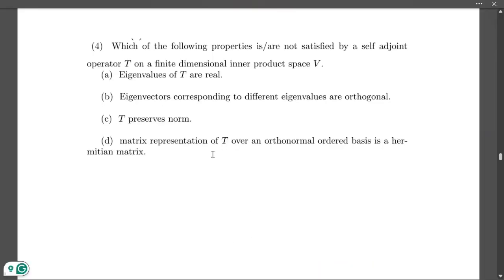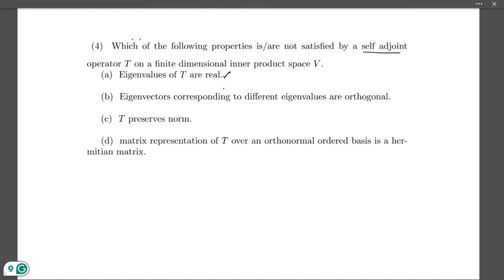Which of the following properties is not satisfied by a self-adjoint operator on a finite dimensional inner product space? So for a self-adjoint operator, you know eigenvalues are real, correct? So as a statement, it is correct. Eigenvectors corresponding to different eigenvalues are orthogonal.